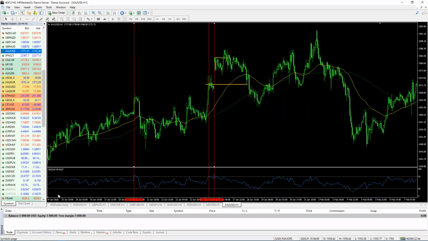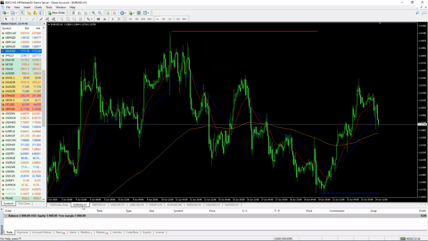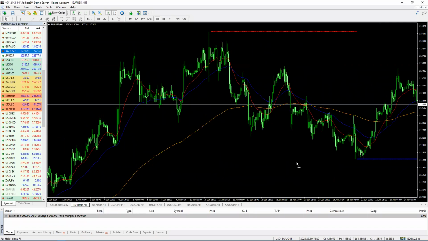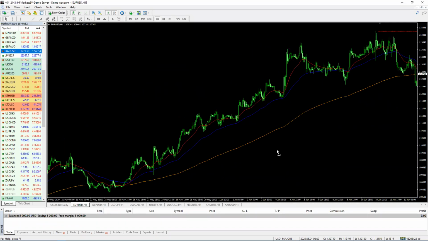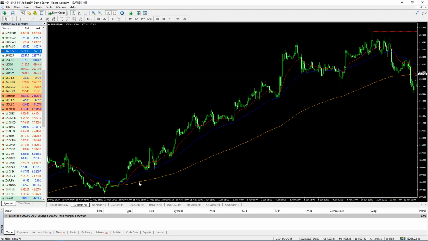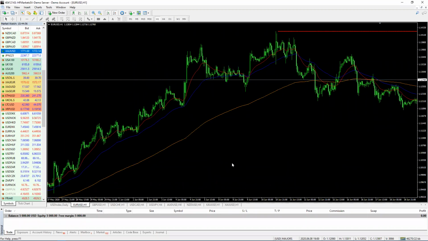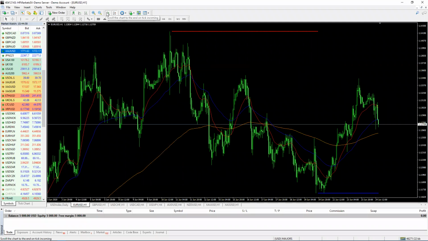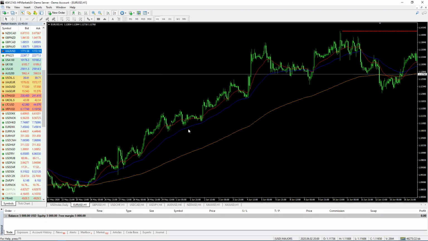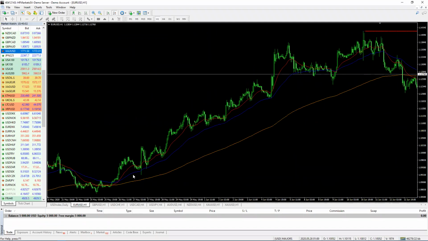On whatever I use, I usually use MAs. But you can see, I used 250 and 20. So you can see why I use them. This is the trend.